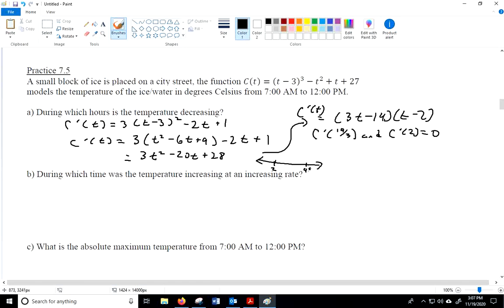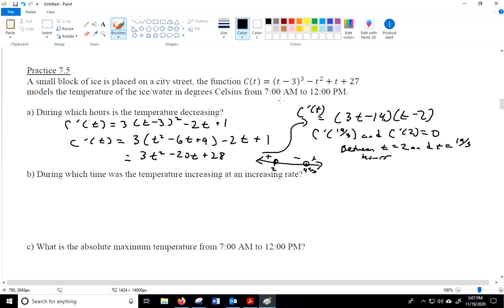If you put a 0 in here, you'll get a big positive number, so it'll be positive here and negative. So it's got to be between t equals 2 and t equals 14/3 hours.